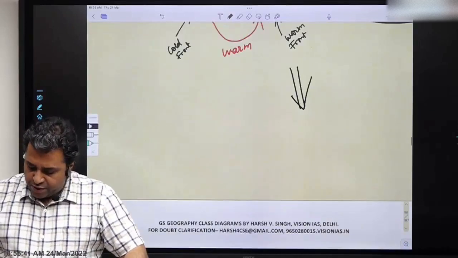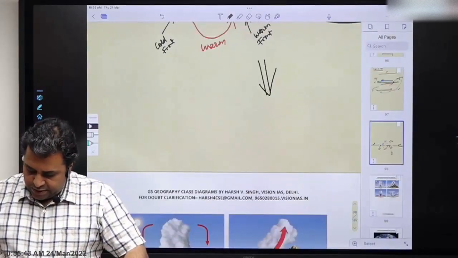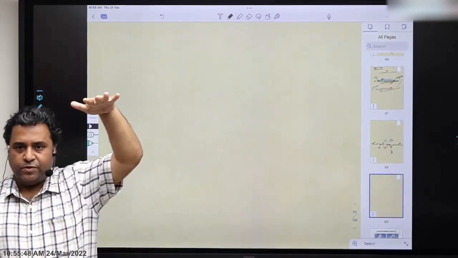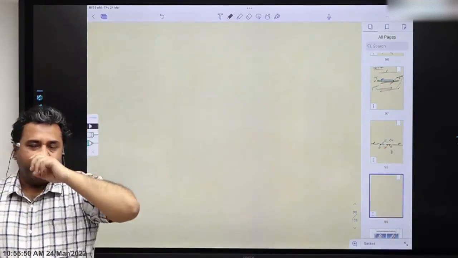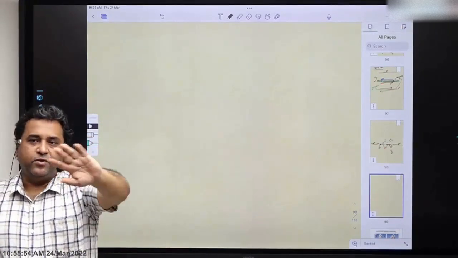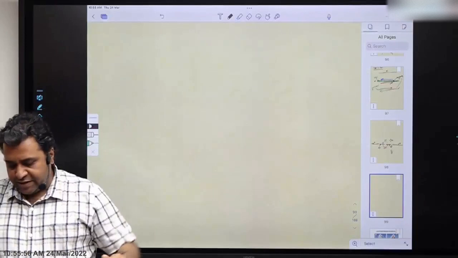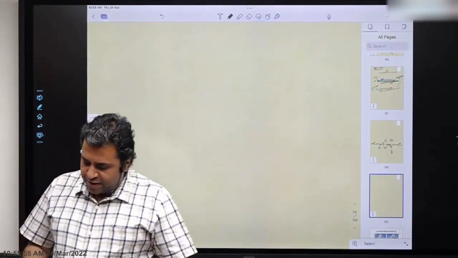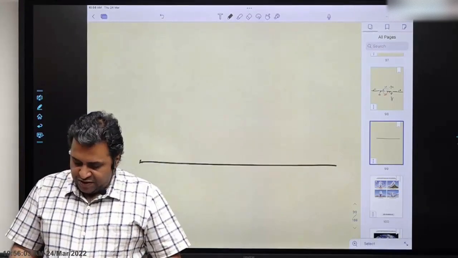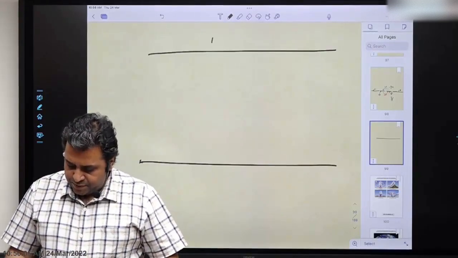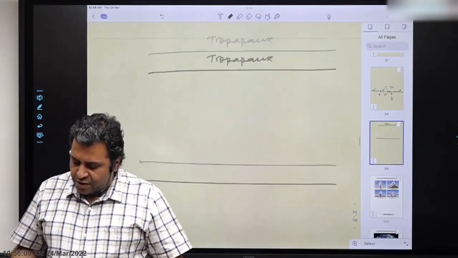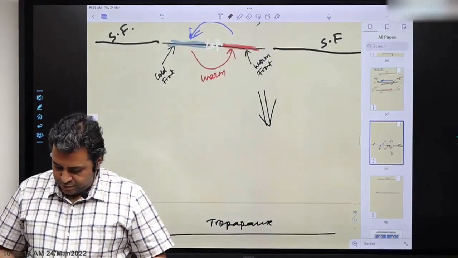Now right now what you are seeing is from the sky, like a video seen from a height. Now let us try to see if you are standing somewhere in the southern part of this and seeing all this happening in front of you, okay? So at the same height, I'll draw that in terms of direction. Suppose this is the surface of the earth and this is the tropopause, and please do draw along with me, and we are drawing for the warm front.